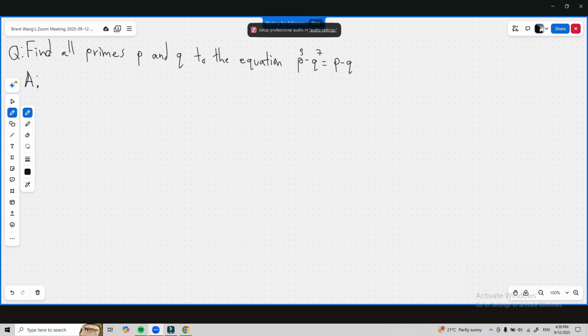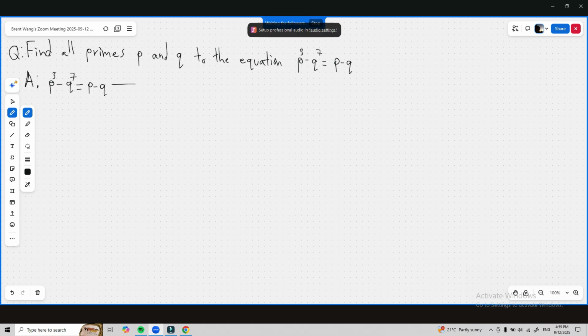So, first of all, you should be able to recognize that this is actually a very good question. And how do we solve it? Well, the first thing I'm going to do is manipulate it a bit. So, p cubed minus q to the 7 is equal to p minus q, so that's the original question.